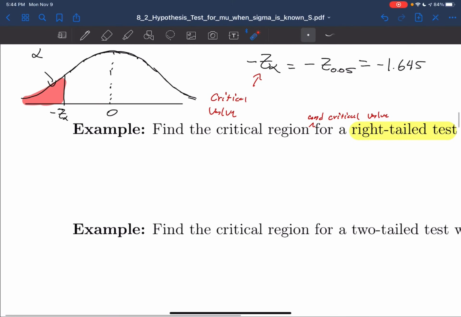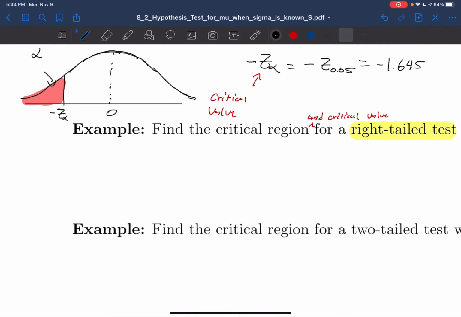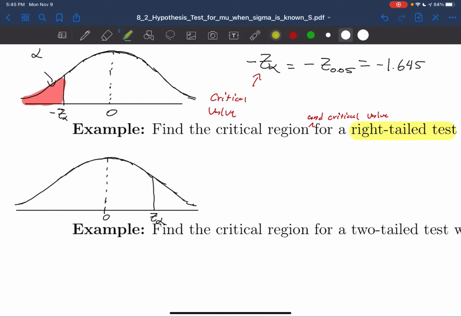Let me just draw this real fast. We have a standard normal curve with mean 0, and we're trying to find this value here, positive z of alpha, where the area is this.